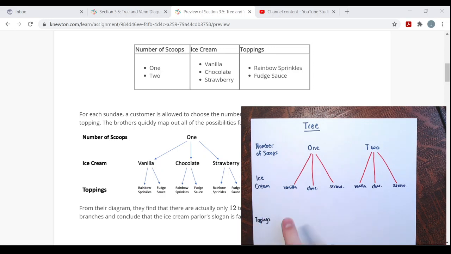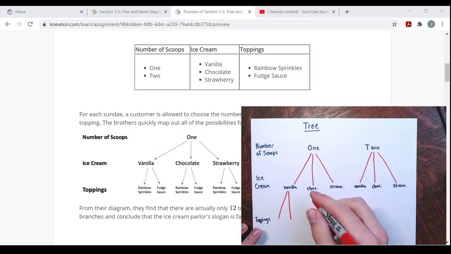So in each of these 6 spots of the previous level, I'm going to have branches coming off. And I'll have a branch for each choice of topping I have. So if I chose 1 scoop of vanilla, and then I say, choose a topping now, you have 2 choices. So there'll be 2 branches coming off this vanilla here.